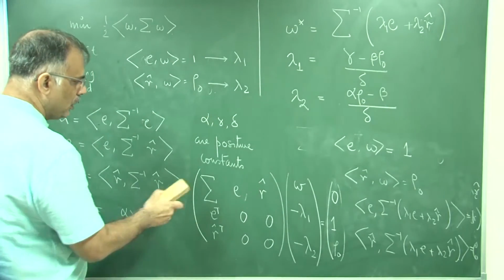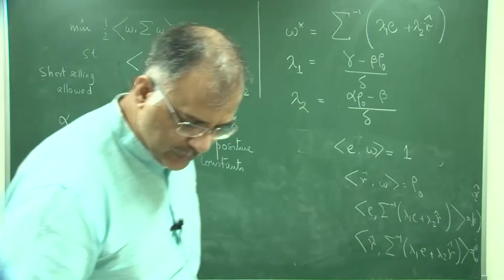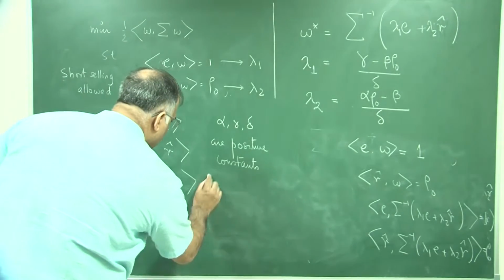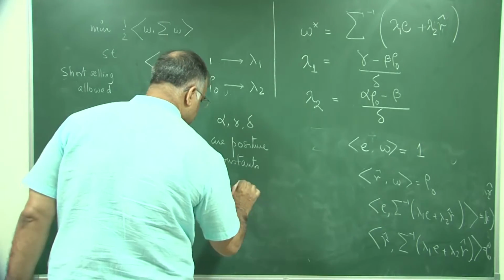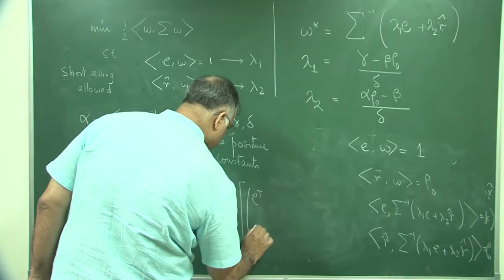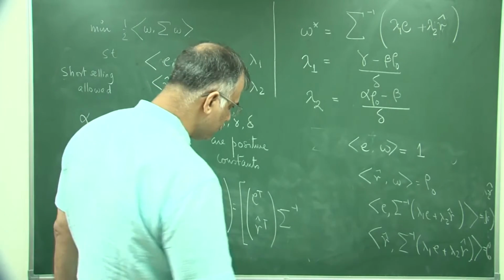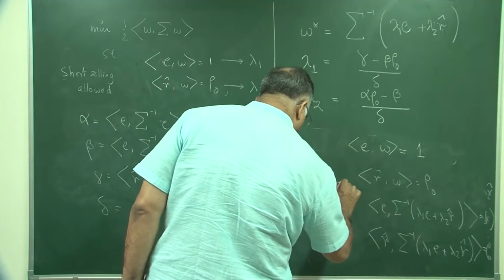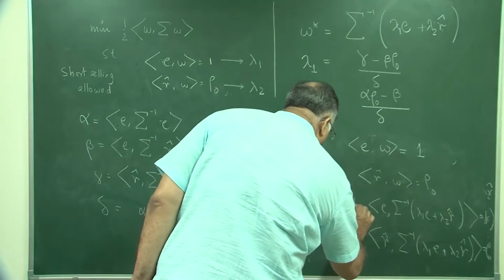If you club this whole thing into a matrix form, then one can easily write the following: lambda 1, lambda 2 can be written as E transpose R hat transpose, sigma inverse, E R hat, this whole thing inverse, because this is a matrix, please remember that, times 1, rho naught.